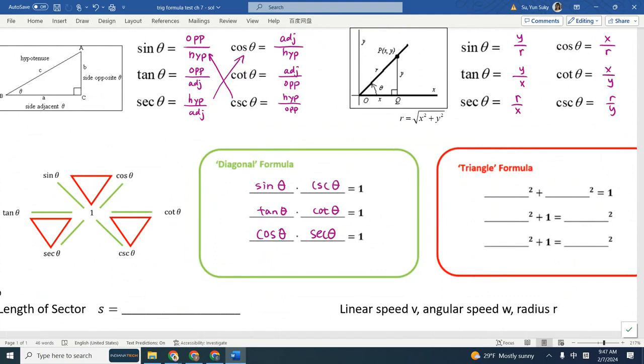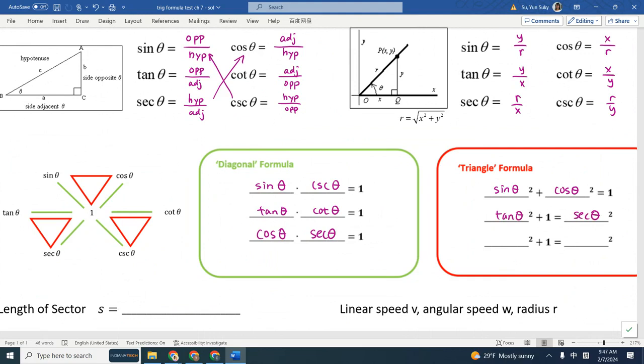And then let's look at the upside down triangle. The first triangle, Cecilia: sine theta squared plus cosine theta squared is 1. And then Sierra. Yes, very good.